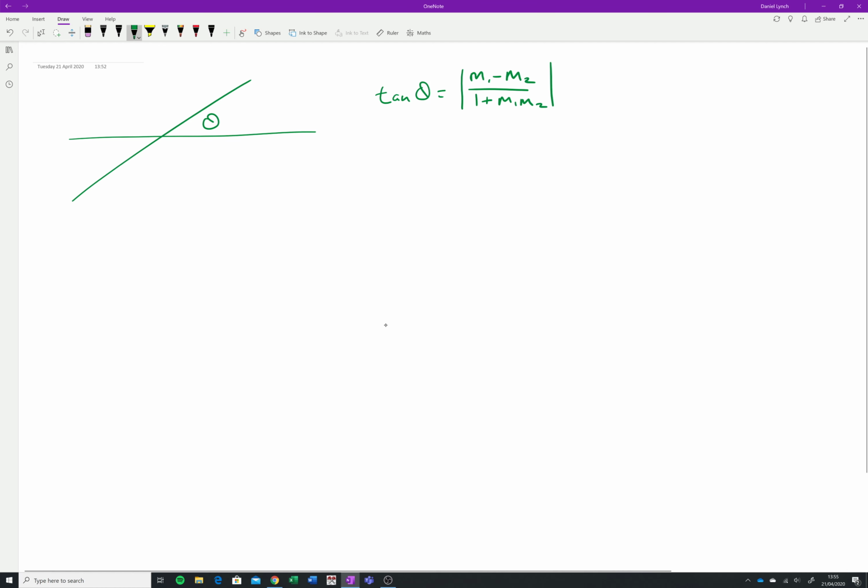Find the equations of the lines through the point (4, 3) which make an angle of 45 degrees with 6x plus y minus 5 equals 0. So just roughly to see what is happening here, there is a line which is 6x plus y minus 5 equals 0.